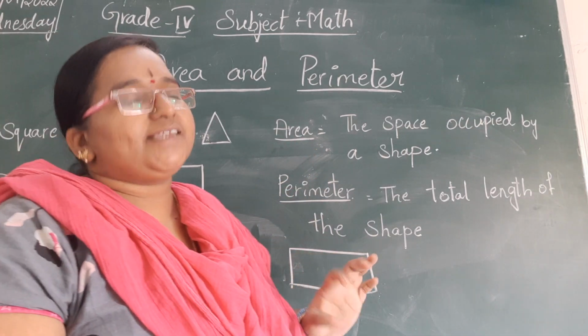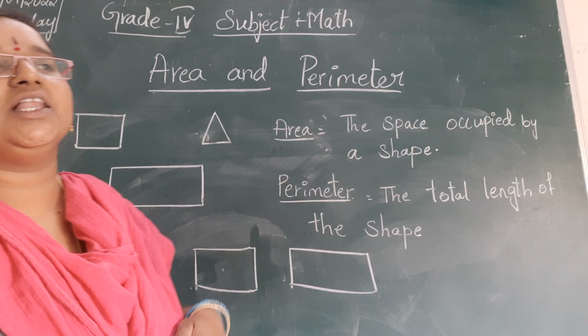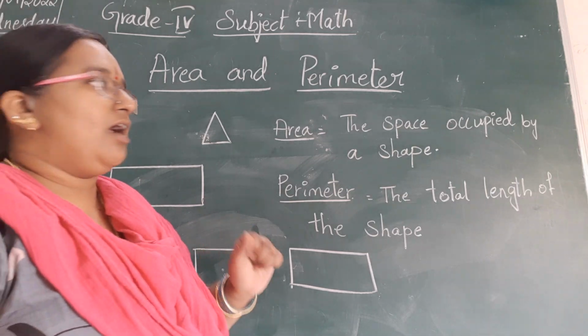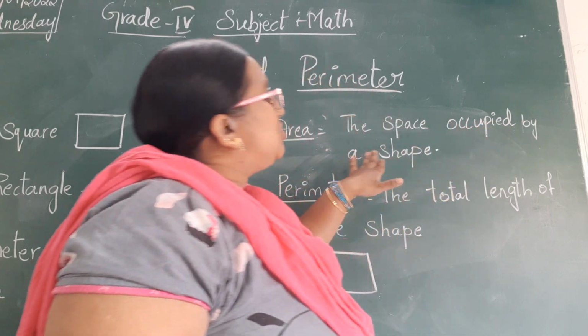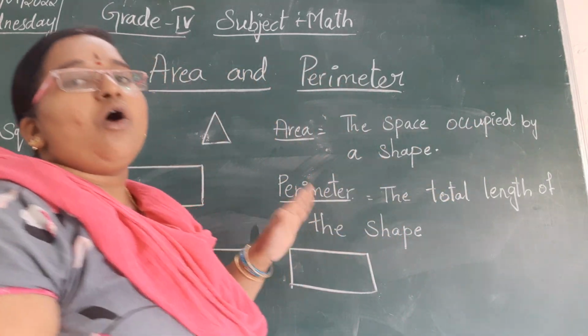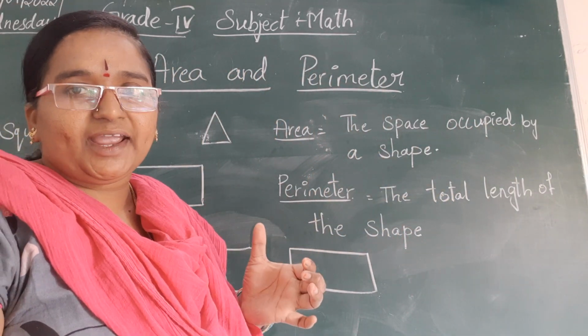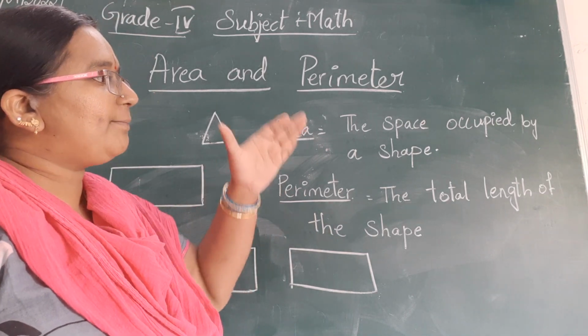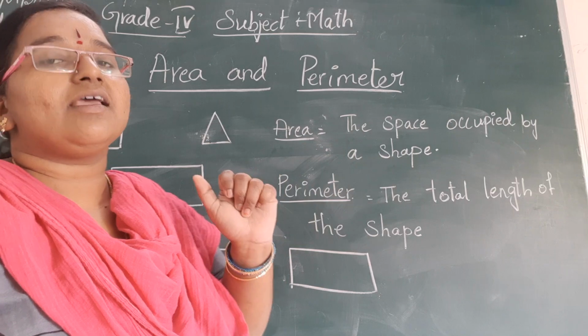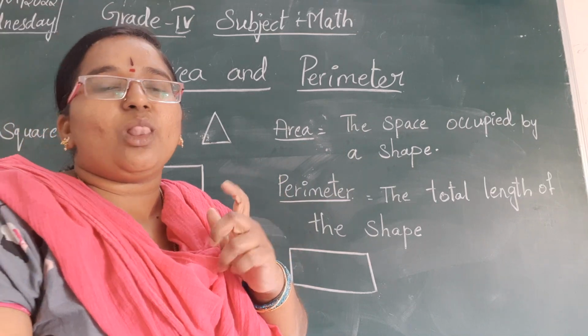Okay, what is area? First we will learn what is area. The space occupied by a shape is called area. All of you repeat along with me.